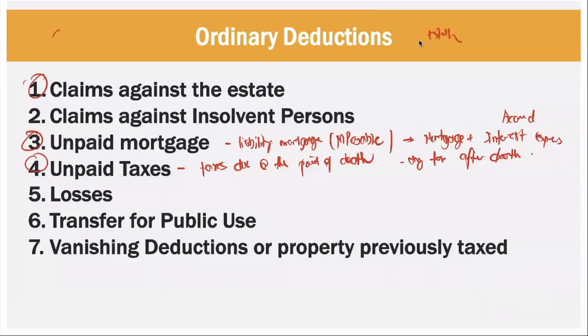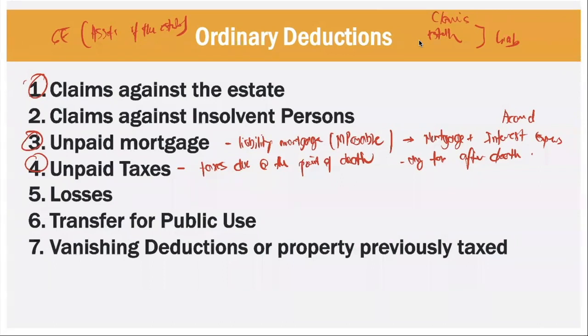If your gross estate is considered the assets of the estate, these claims against the estate are considered the liabilities of the estate. However, take note, you need to separate unpaid mortgage, unpaid taxes, and the other claims. Unpaid mortgage: mortgage plus accrued interest expense. Unpaid taxes: only the taxes due at the point of death. If the tax is due after death, then you should not include it.